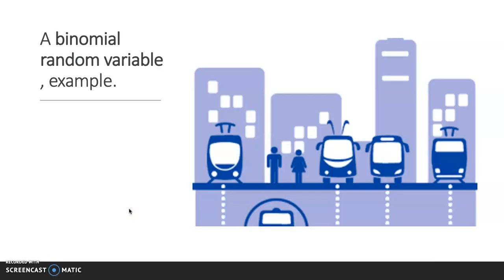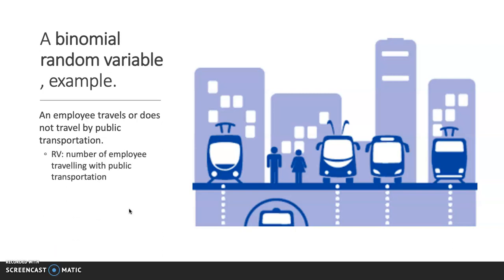Another example, an employee travels or does not travel by public transportation. Thus, we define the random variable as the number of employees traveling by public transportation, the success event as traveling by public transportation, and the failure event as an employee who does not travel by public transportation.